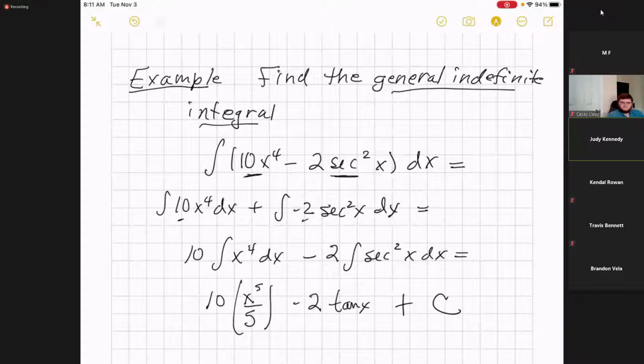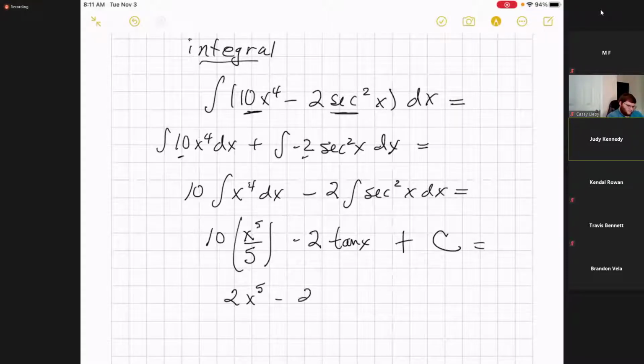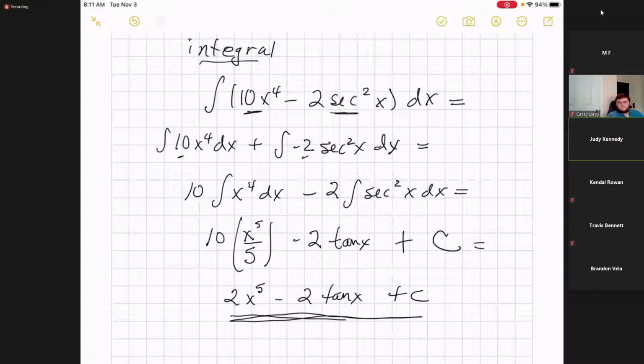So this is 2x to the 5th minus 2 tangent x plus c. And that is the entire family of antiderivatives of 10x to the 4th minus 2 secant squared x. And it's also the most general indefinite integral. I sort of use integral and antiderivative interchangeably.